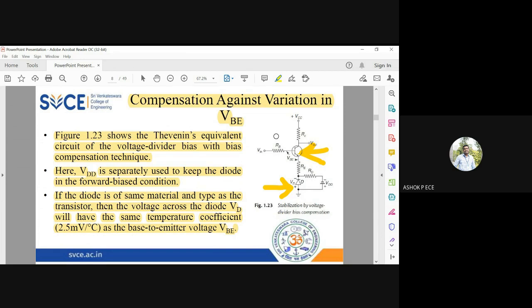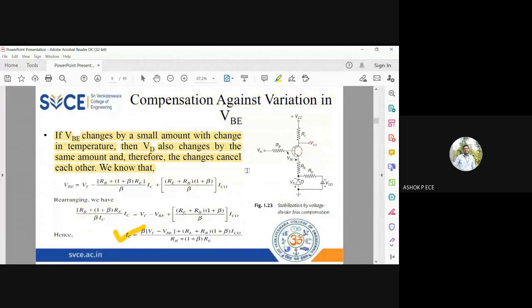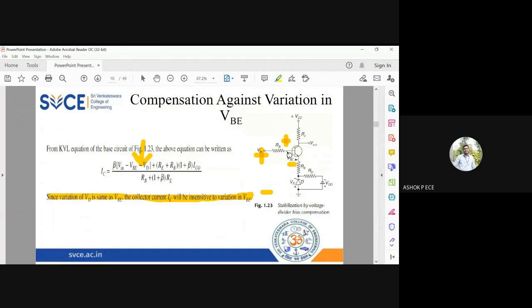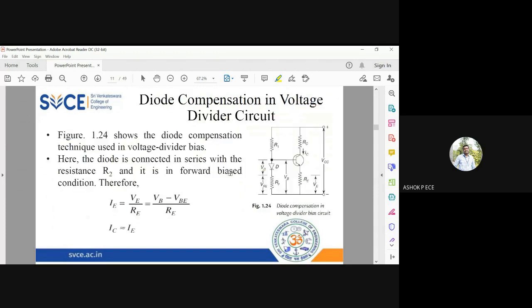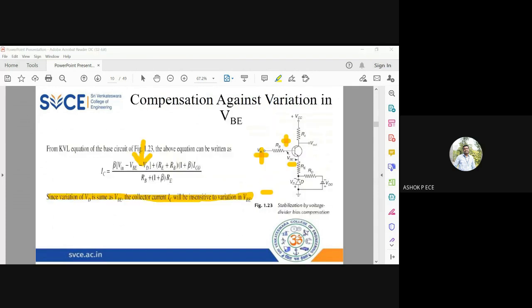Otherwise, if it is going to vary, then it will affect the base current, it will affect the collector current, Q point will start varying. Okay, so this is one circuit where we address the issue of variation in VBE by using a diode which is kept always in forward bias condition. Any queries in this circuit?